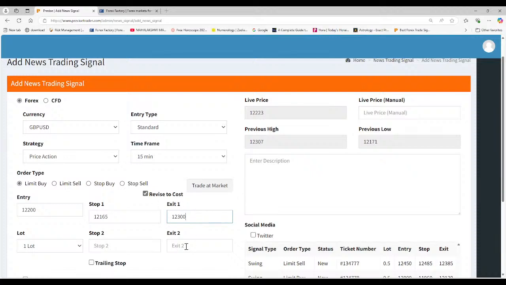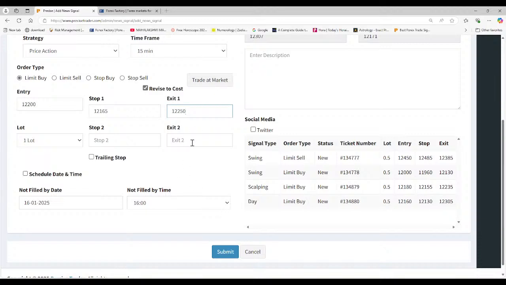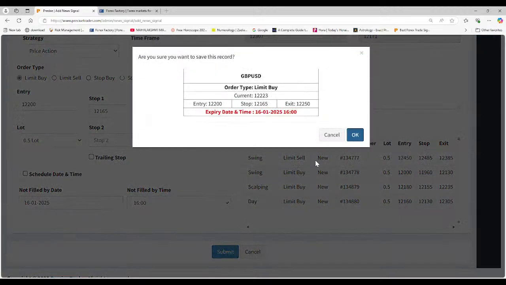So 1 to 250 is the barrier, but if it breaks, then we can see 1 2 3. But let me see, I think this one will go for just the news trading on that data itself. So this one will close at expiry at 4 o'clock, and this is also a half lot.